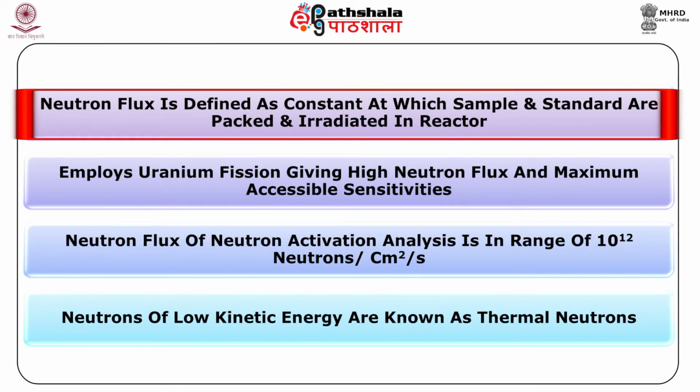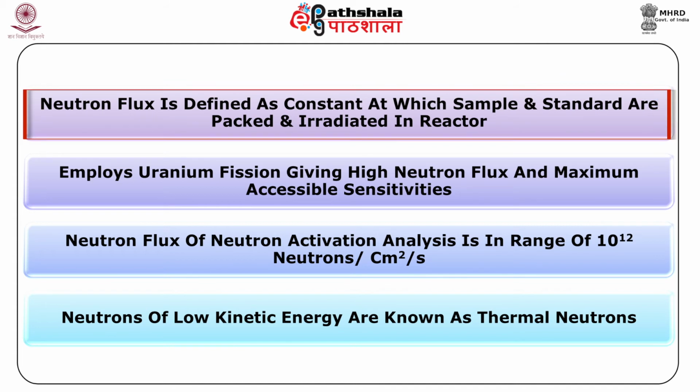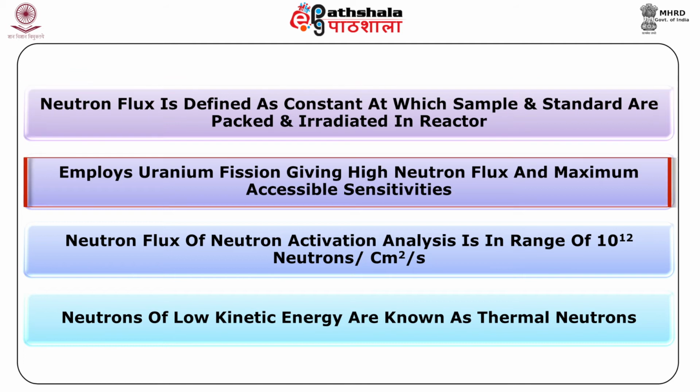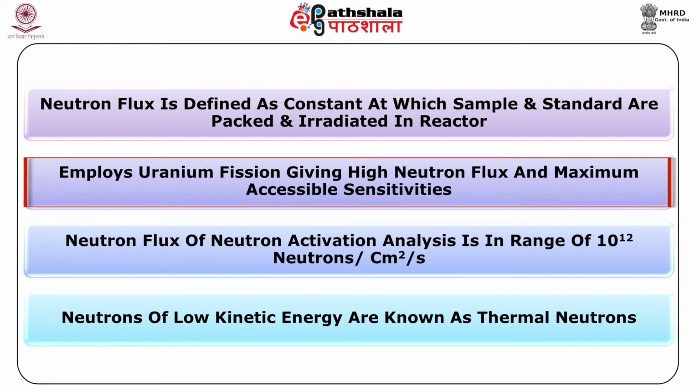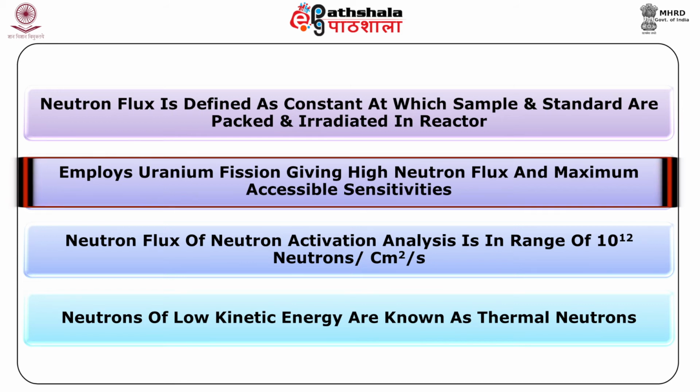Neutron flux is defined as the constant at which the sample and standard are packed and irradiated in a suitable reactor. A typical NAA reactor employs uranium fission, thereby giving a high neutron flux and the maximum accessible sensitivities for a number of elements.